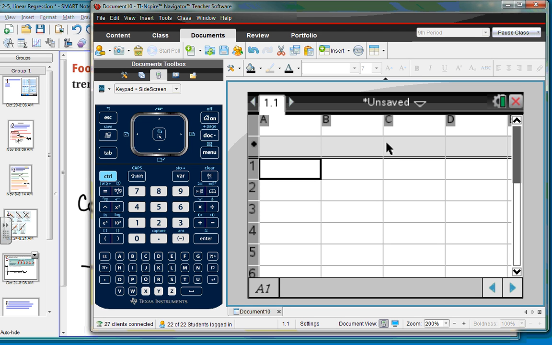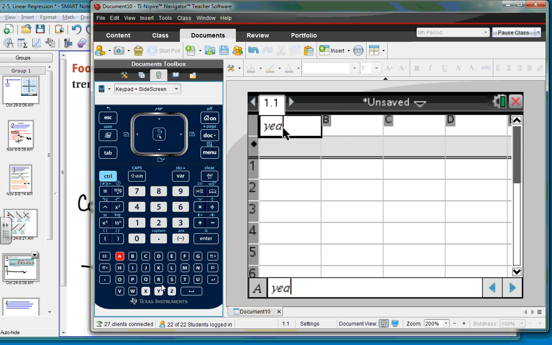Step 3 says to do what? Click on cell A. Well, gee, that sounds very self-explanatory. Go up and click on it. Step 4, what's that say to do? Well, what do my X values represent? A year, so type year, and hit enter. What's the next step say to do?